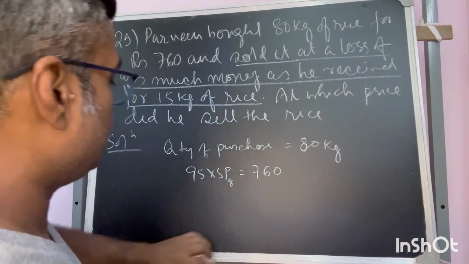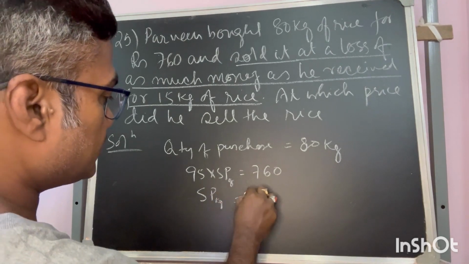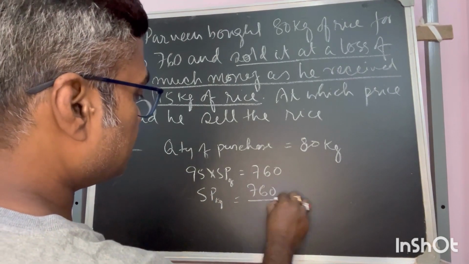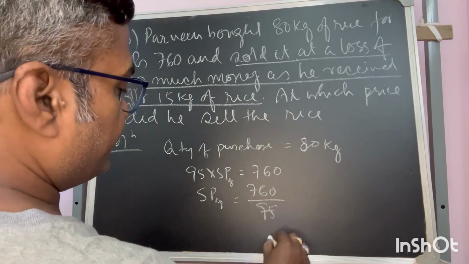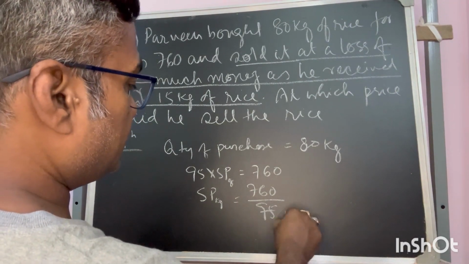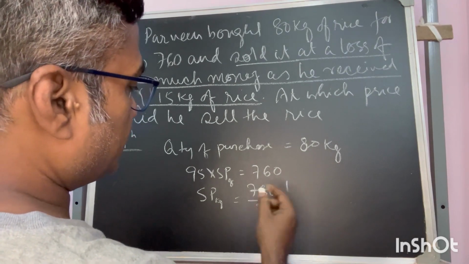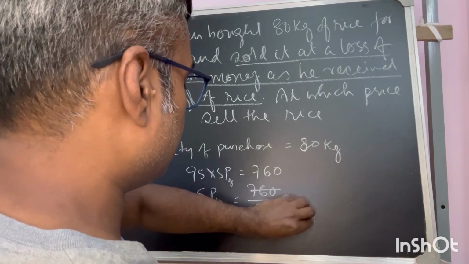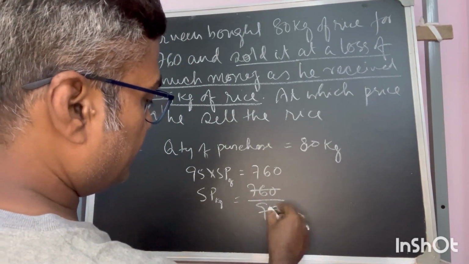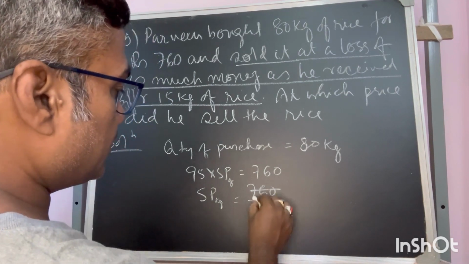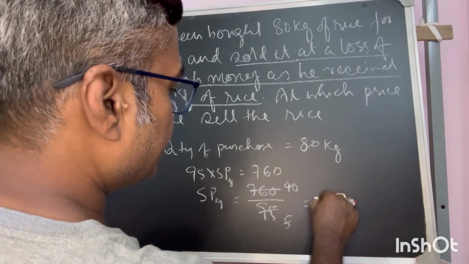So the selling price per kg is 760 divided by 95. You can go with 19 because this is also a multiple of 19. 95 into 8 is 760, so this is equal to 8.